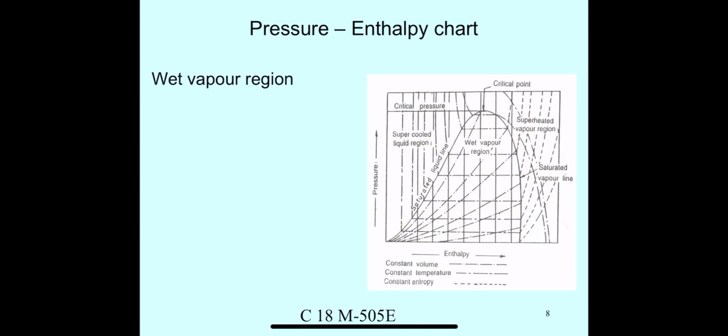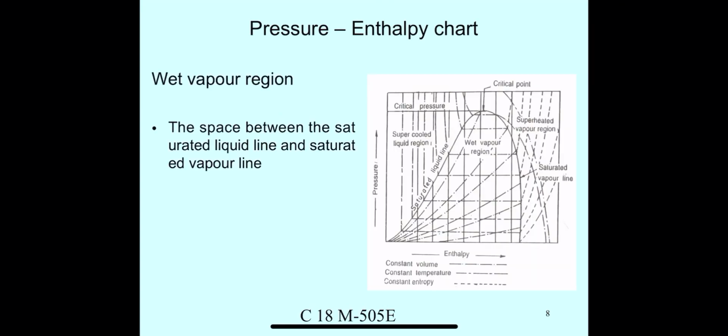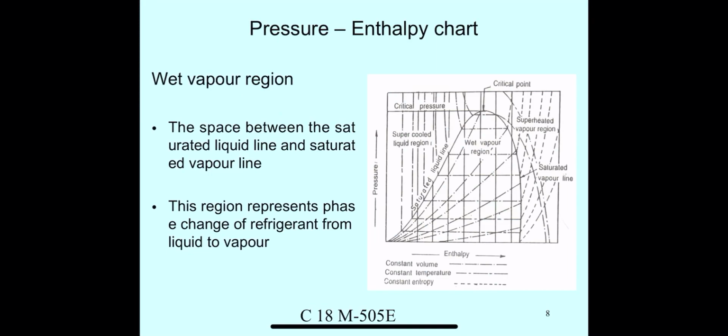And next, the wet vapor region, the space between the saturated liquid line and saturated vapor line. In between the two is called the wet vapor region. This region represents the phase change of the refrigerant from liquid to vapor.